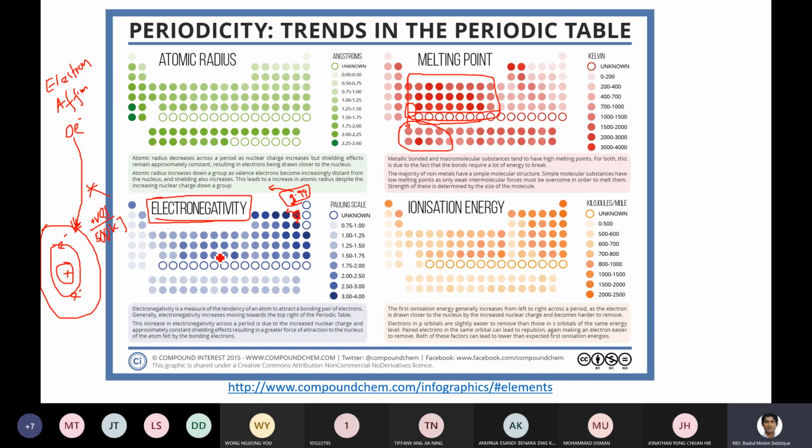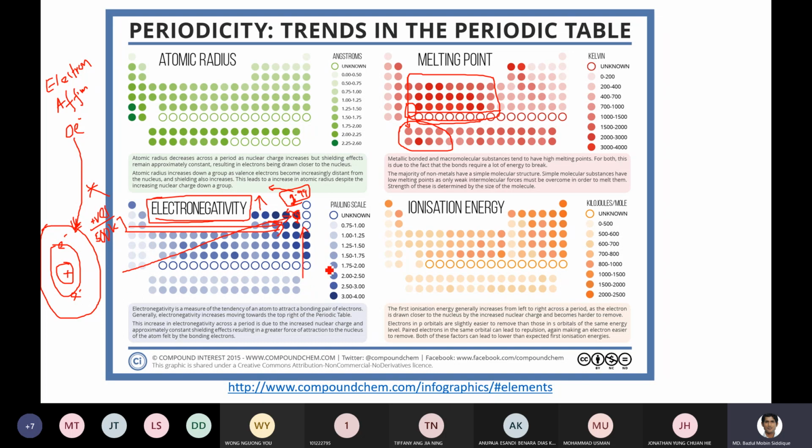As we can see, if we go from left to right on the same period, the electronegativity is increasing. Diagonally, we see that electronegativity is increasing gradually.